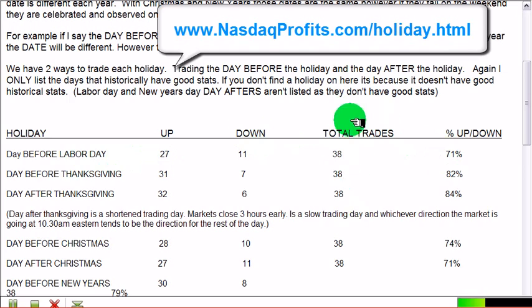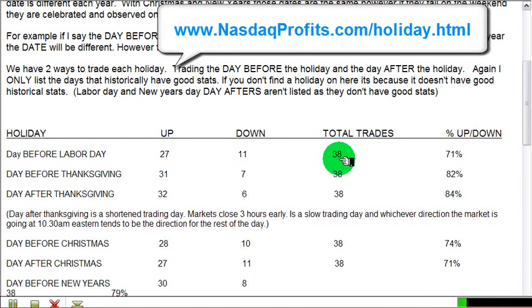Again, you'll see the 38 trades. There's always going to be, for example, the day before Labor Day. There's always going to be that day. Versus if you know my Nasdaq profit stats, where you'll see maybe, for example, September 5th. September 5th sometimes falls on a Saturday, sometimes falls on a Sunday, and sometimes is Labor Day.